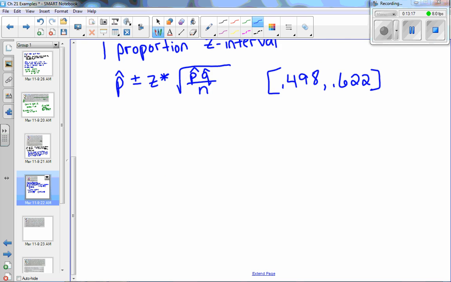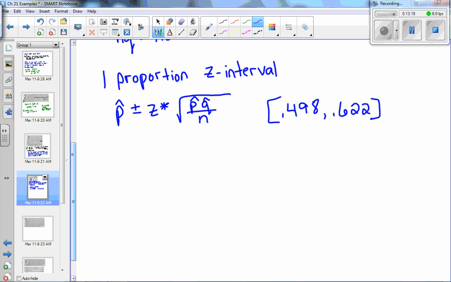Then don't forget, a very important part of this is our interpretation.